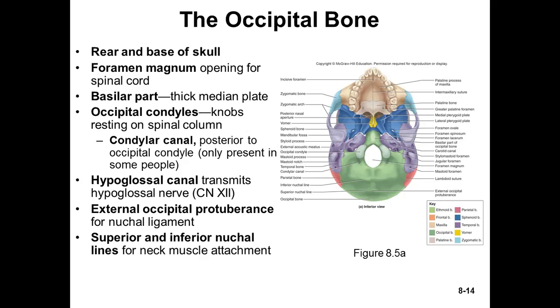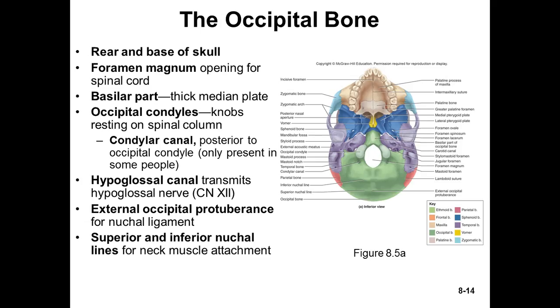Of course, if that nerve gets severed or damaged, you will not be able to move the tongue or protrude the tongue. That's your hypoglossal nerve. You have your external occipital protuberance, which of course is on your first lab exam. That's that little bump or notch that sits at the base of the brain.